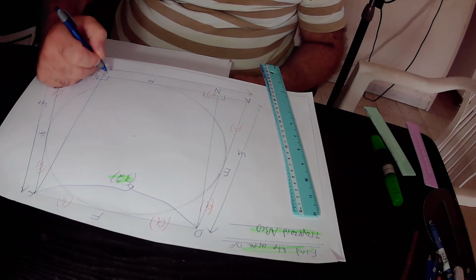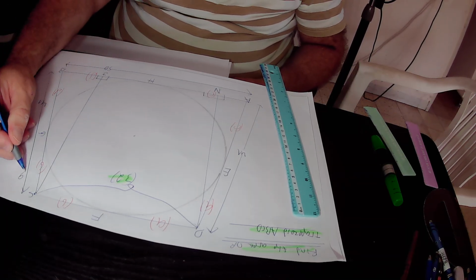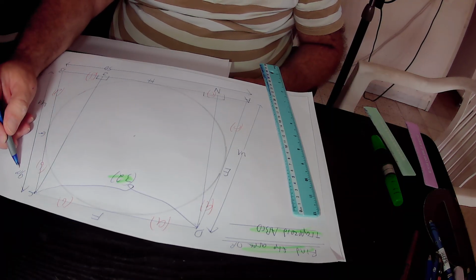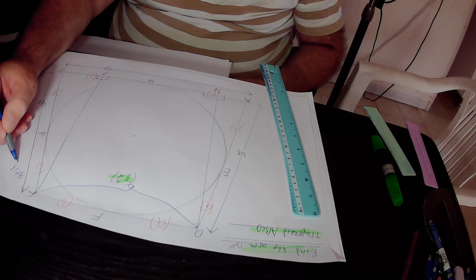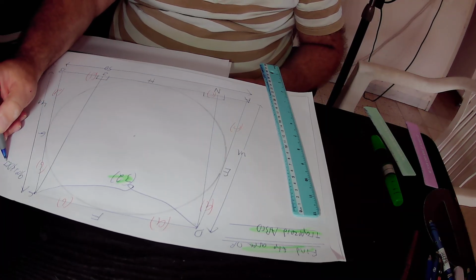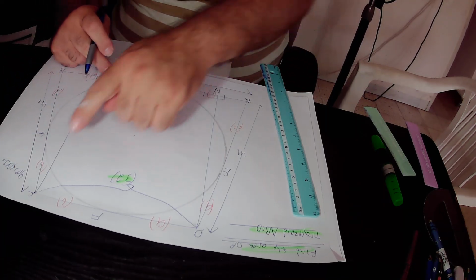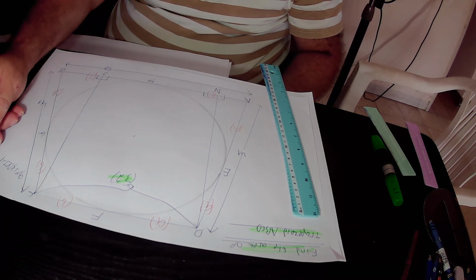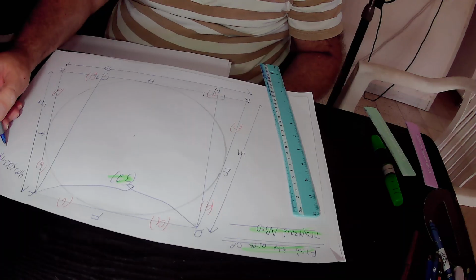90 degrees, this angle is a right angle, plus this is angle DCJ. In total, the sum of those two one-sided interior angles must be equal to 180 degrees according to Rule 17.